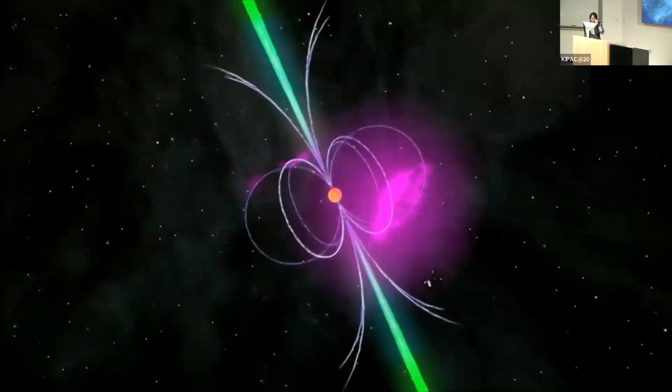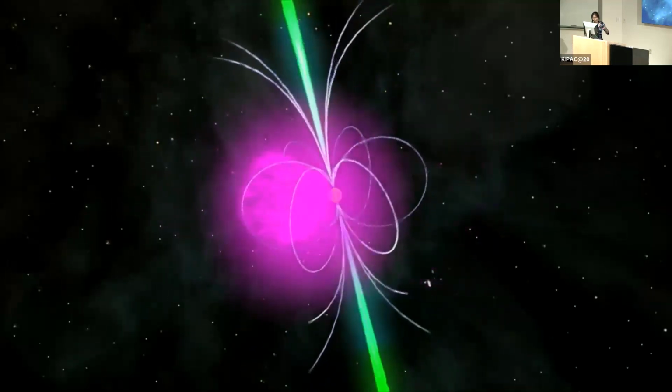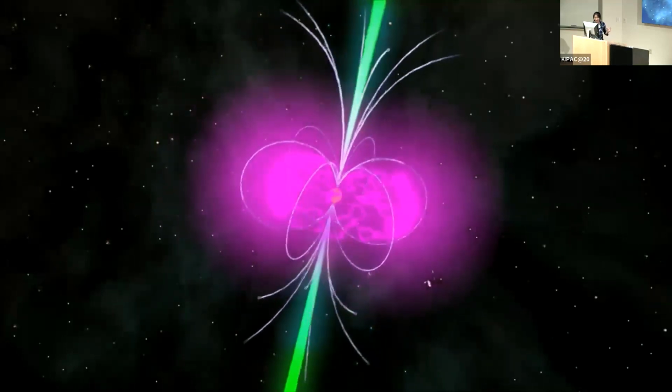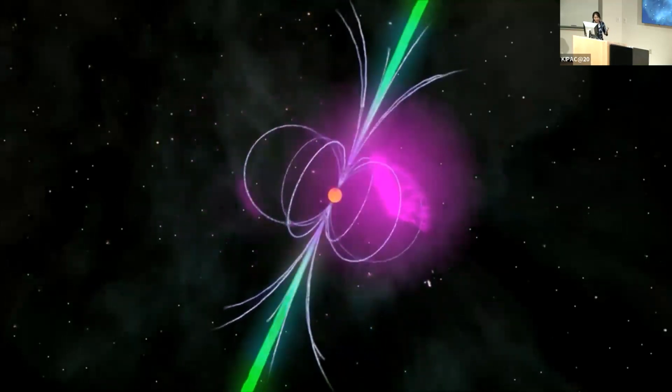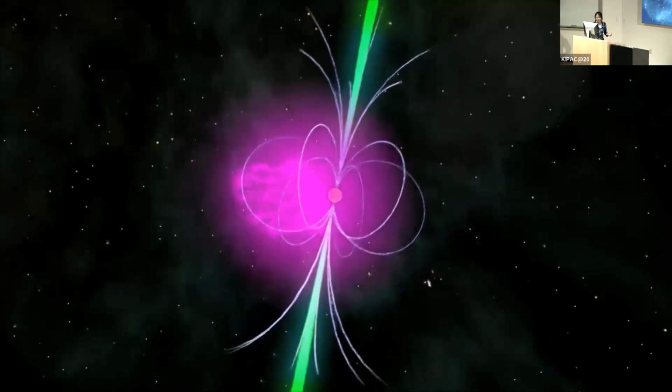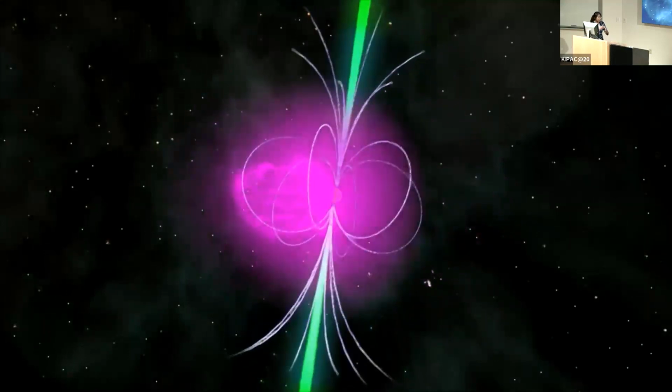Particles that are loaded onto these open field lines can't possibly move faster than the speed of light, and so they are allowed to escape. It's these escaping particles that form the wind nebula.